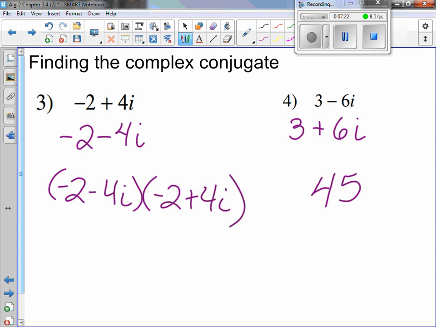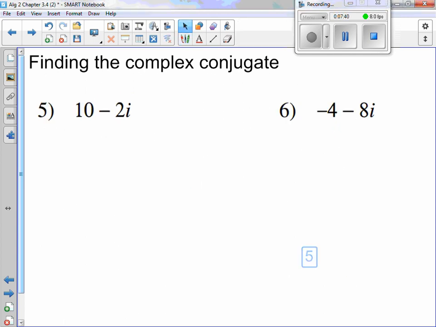And that would simplify all the way down. And it should give you 20. Yes? Any questions on finding these conjugates? We good with these here? Yes?